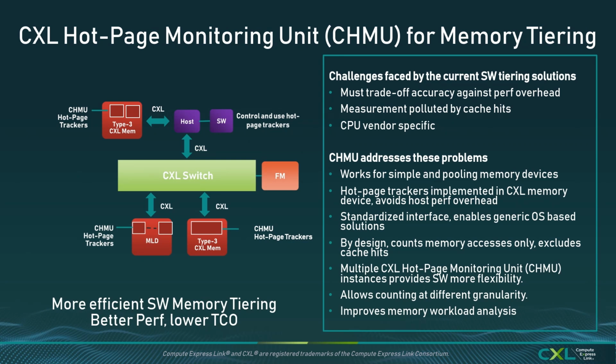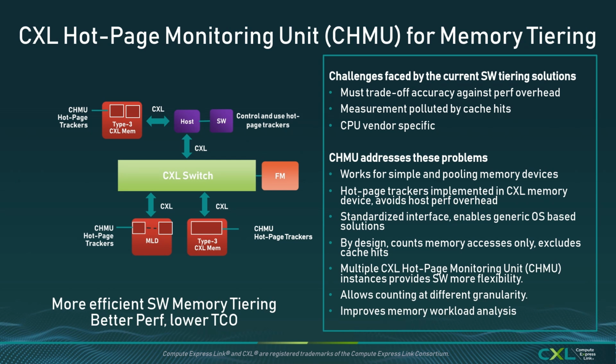And the architecture allows multiple CHMU units, like I mentioned, as shown in the picture. So that gives software a little bit more flexibility. This is still an emerging domain. A lot of exciting research is happening. So we wanted to provide enough flexibility for folks to do experiments and try out and optimize these algorithms. We allow counting at different granularity as well.